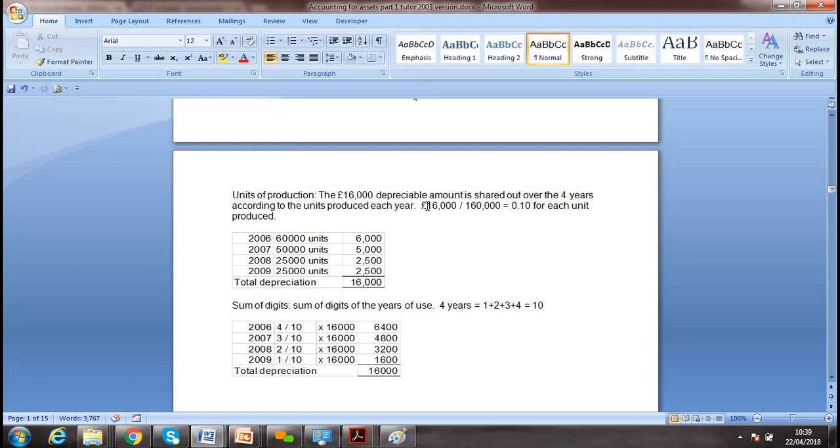It means 10 pence or 10 cent worth of value of the machine needs to be reduced in the production. So that's its cost. This way we can calculate the depreciation. So when we produce 60,000 times 0.1 is 6,000. When we produce 50,000 units it is 5,000 depreciation that year. And next year we are producing 25,000 units, and that comes to the depreciation. Any question?